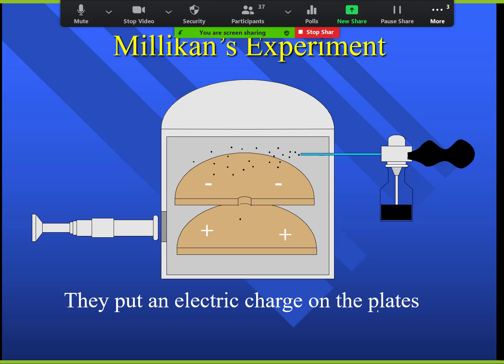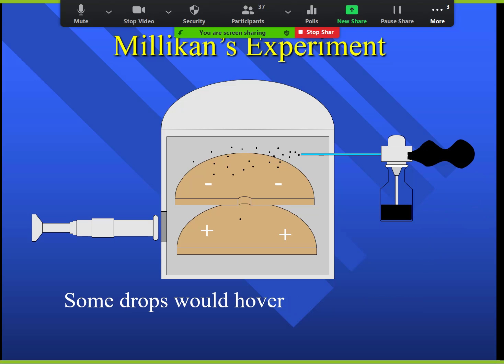So he did all of this so he could get a drop of oil to be pushed up by the force of the charge, and he could use that to fight the force of gravity. And if he did it just right, the drops would hover.